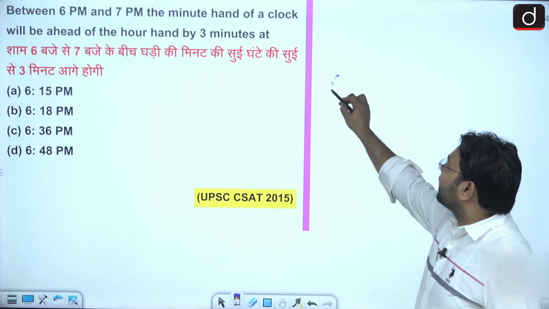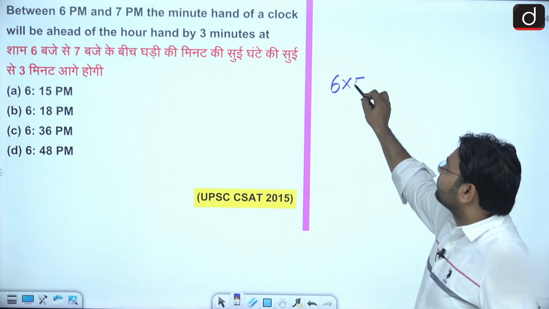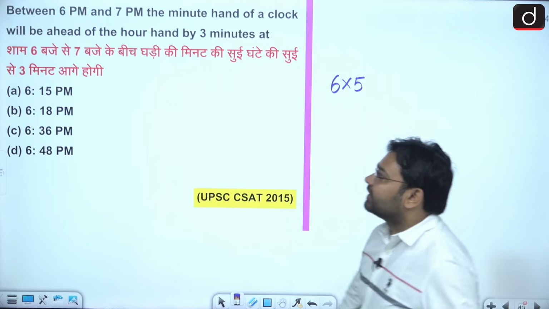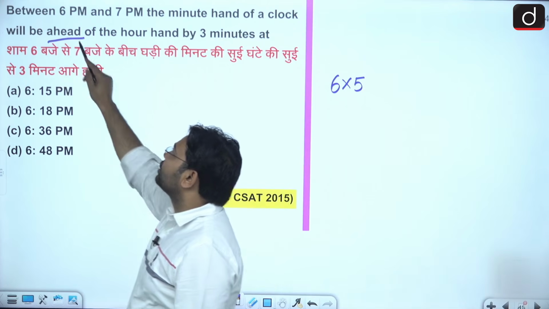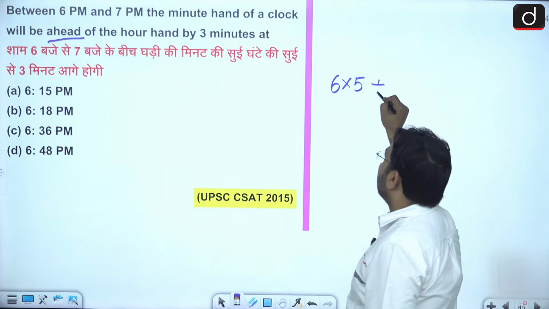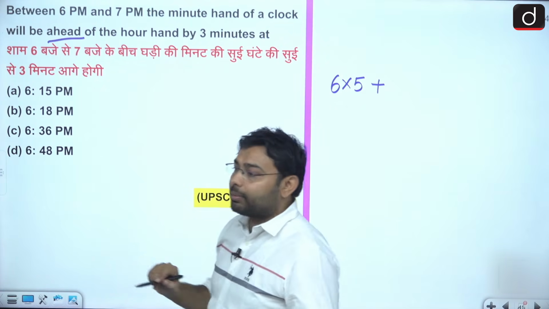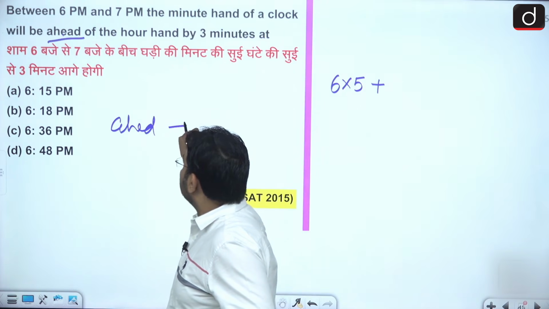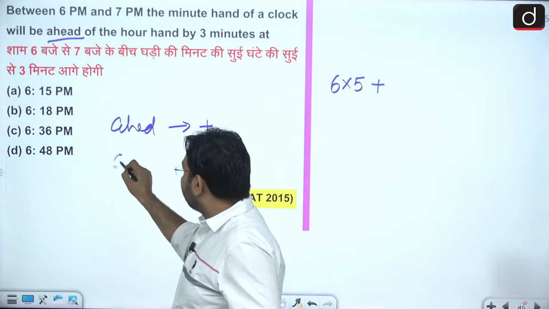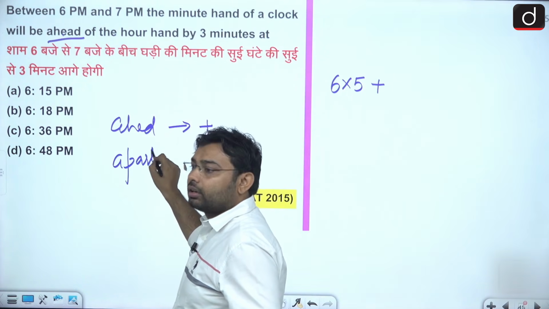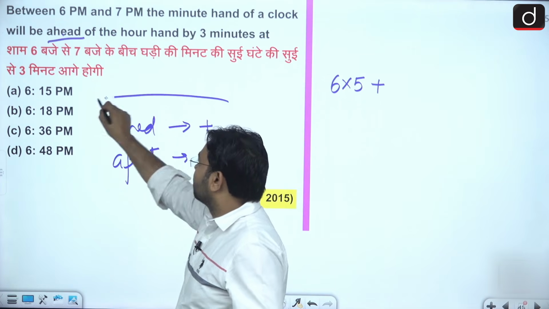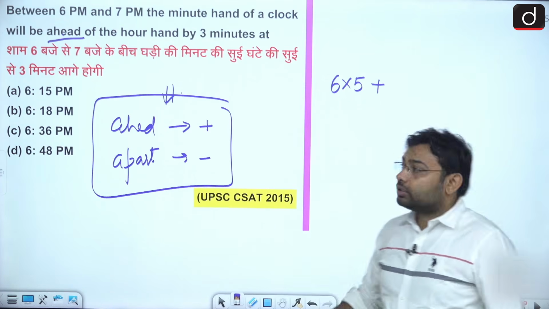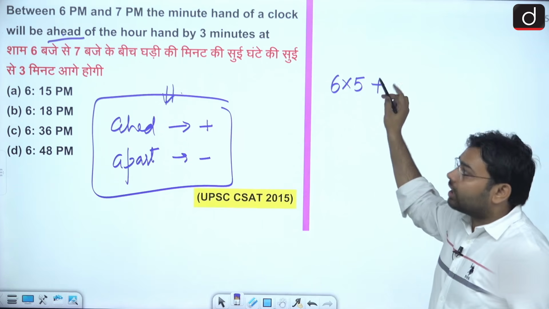You need to multiply 5 in this number. 6 into 5, 30. If this is ahead, you need to add. And one more word to remember: if ahead is given, you need to add, but if apart is given, you need to subtract.